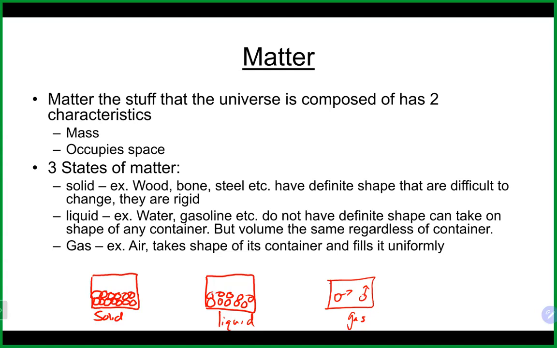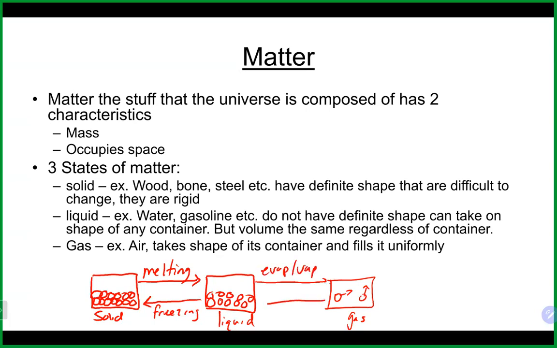We also talked earlier, as a review, that as we transition from one state to the next, certain processes occur. Going from solid to liquid is the process of melting. Going from liquid to solid is the process of freezing. Going from liquid to gas is the process of evaporation or vaporization.